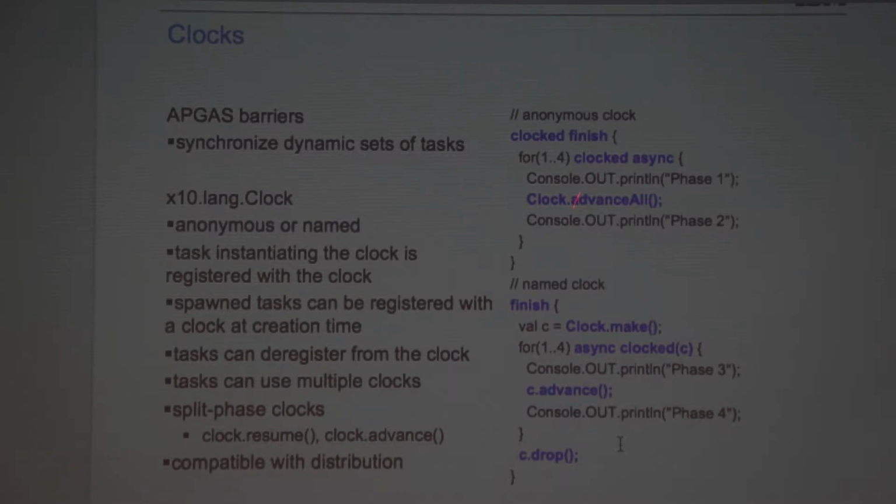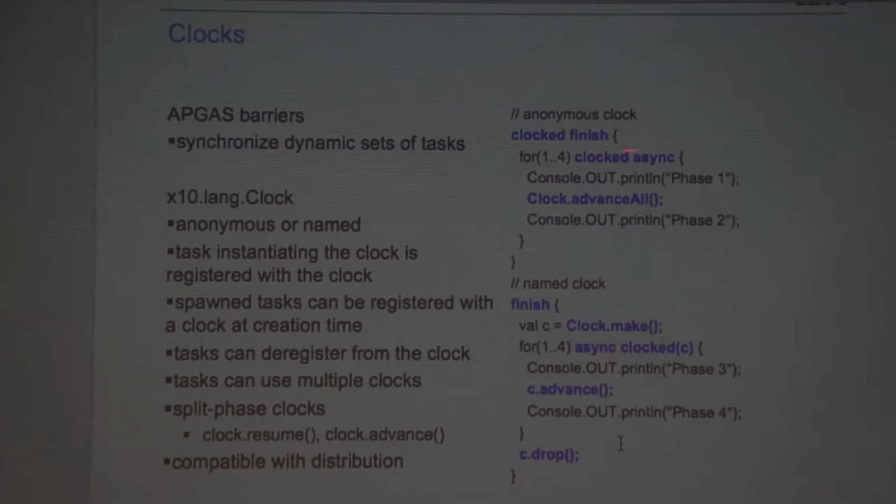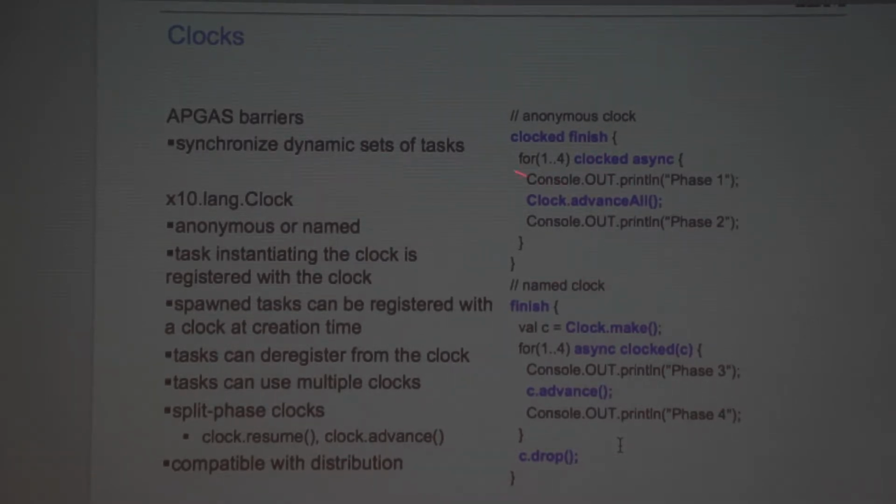And in the body of a clocked finish, you can have asyncs that are not registered with the barrier. But if you want to register an async with a barrier, then you have to do a clocked async invocation. So here, you are running 4 asyncs, and they're all clocked, so they're registered on this implicit clock that was introduced by the clocked finish. Clock gives you this operation of an advance all.